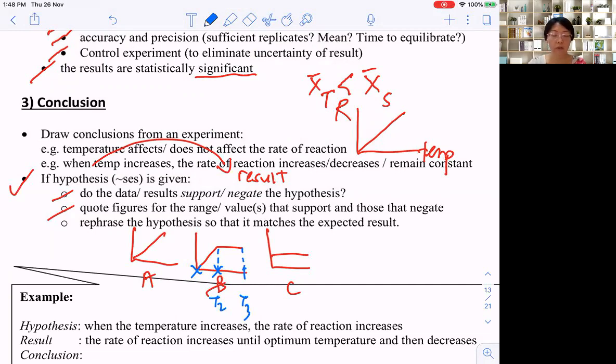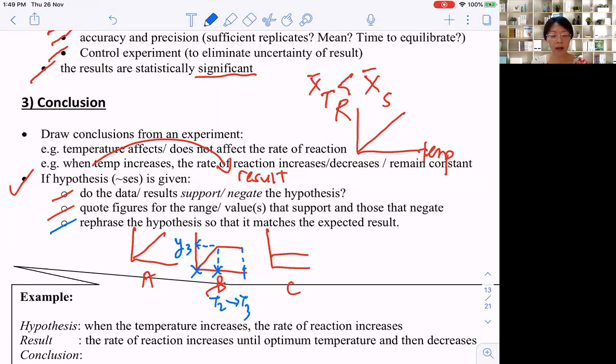So when the temperature increases from T2 to T3, you describe how it looks like. The rate of reaction remains constant at a particular reading, then you give the reading. So as the temperature increases from T2 to T3, the rate of reaction remains constant at this reading, Y3, for example. So that is an additional statement you have to give, okay, to match the expected result.